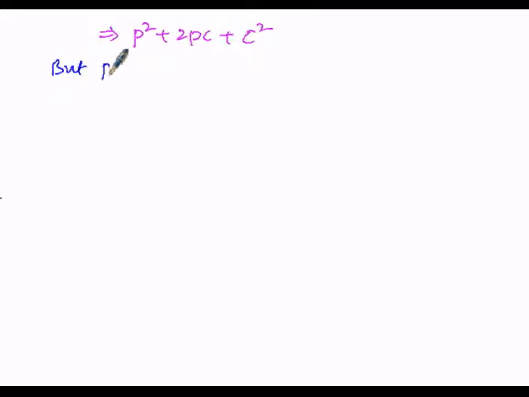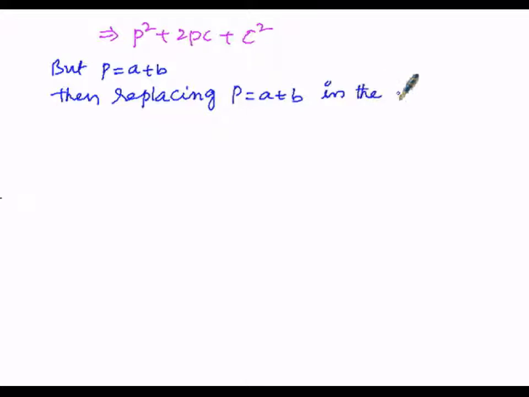We assumed p as a plus b, so p is equal to a plus b. Then replacing p, that is a plus b, in p square plus 2pc plus c square.